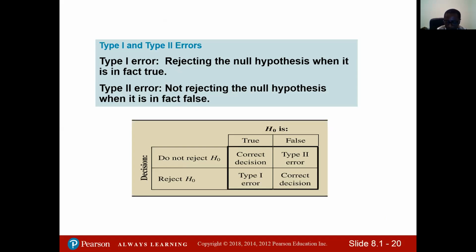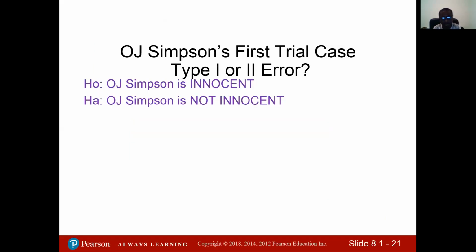Nothing happened to him. I like this example that I used in my class. This is O.J. Simpson's first trial. Is it type 1 or type 2? If you remember, the null hypothesis says that O.J. Simpson is innocent, and the alternative is that he is not innocent.